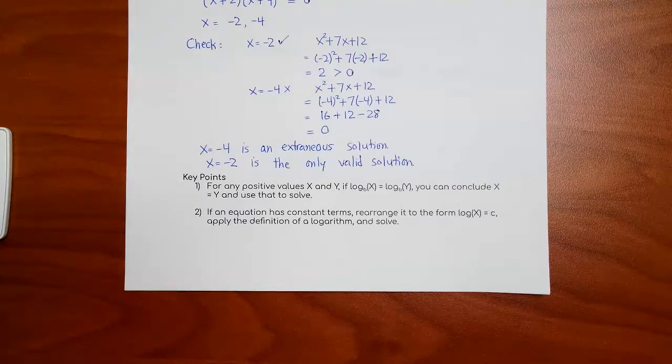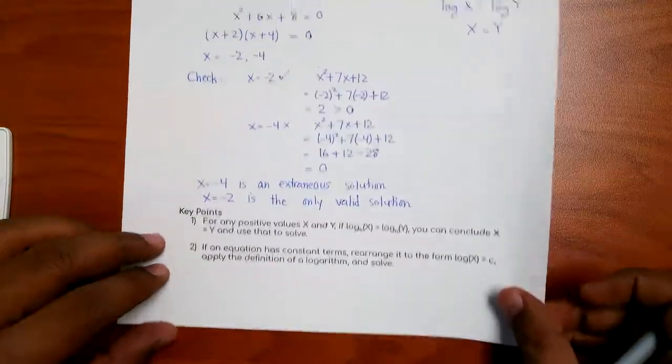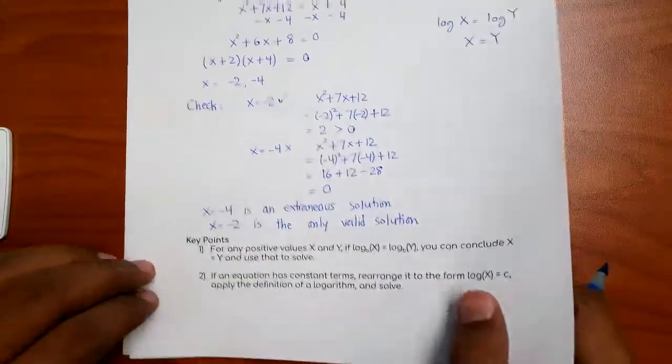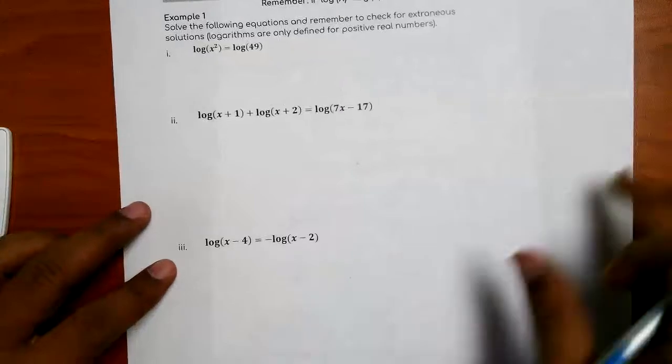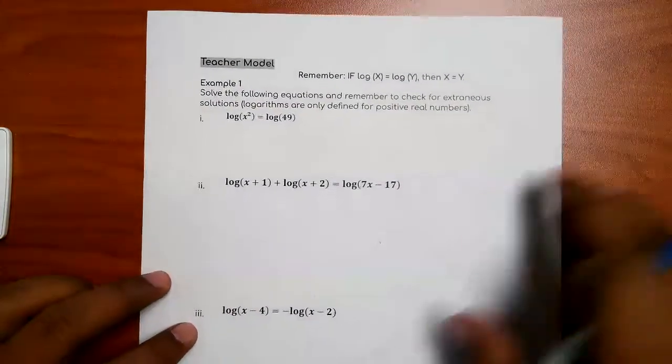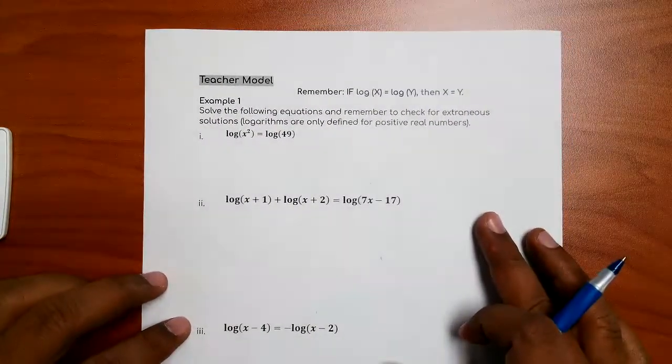The second point is if an equation has constant terms, rearrange to the form log of x equals c, apply the definition of a logarithm and solve. We will see how we apply it to a problem. But let's go further and do some examples from the teacher model.